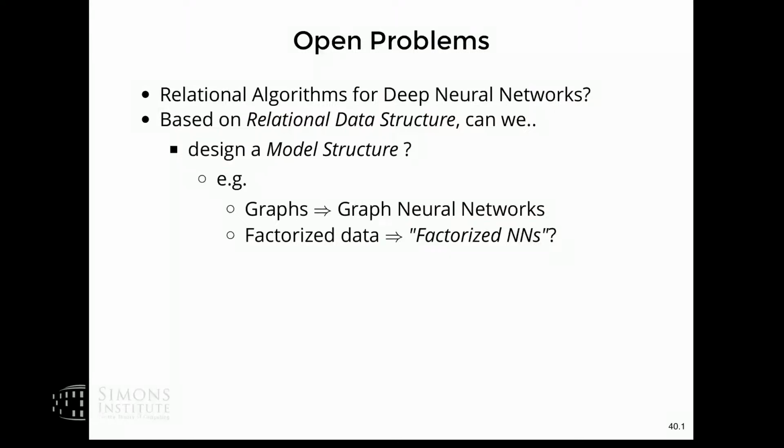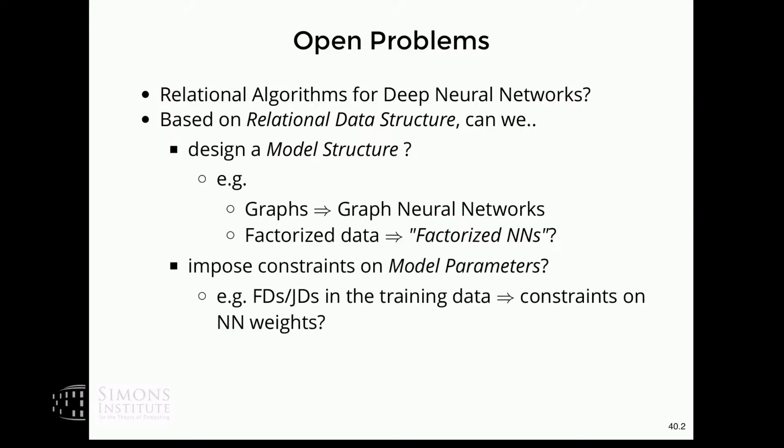As an analogy, for graphs, we do have graph neural networks. So for factorized data, do we know whether there is some notion of factorized neural networks that are pre-tailored to learn over factorized data? Wolfgang actually told me before the talk that apparently there's already some work in this direction that he has been working on.